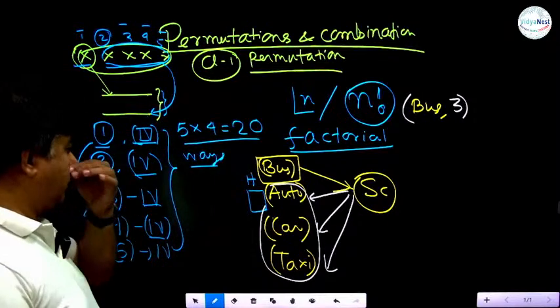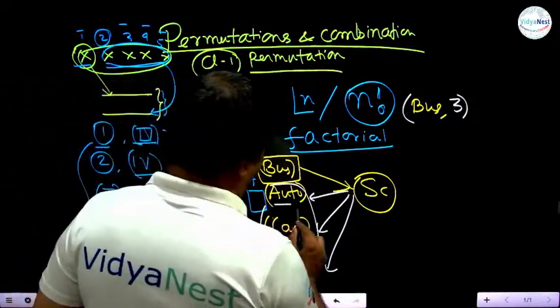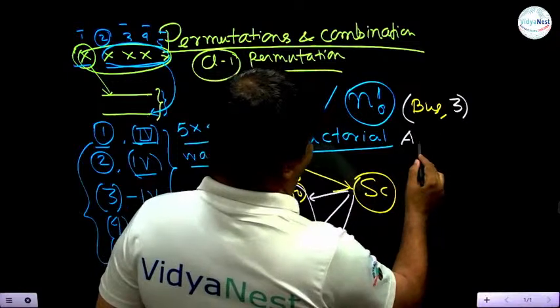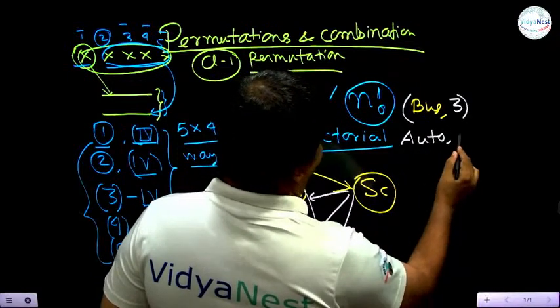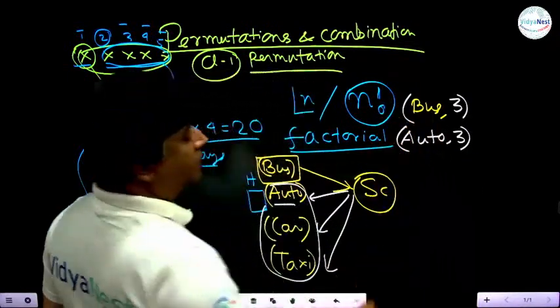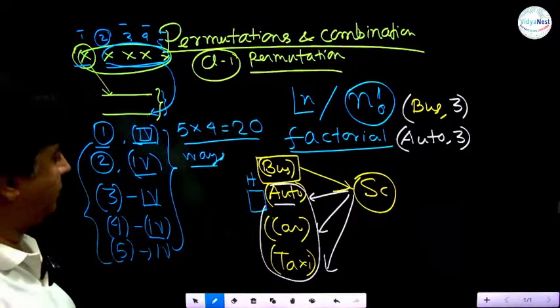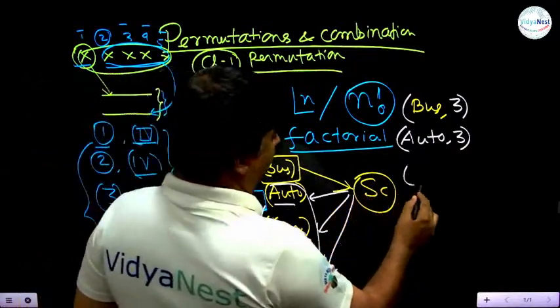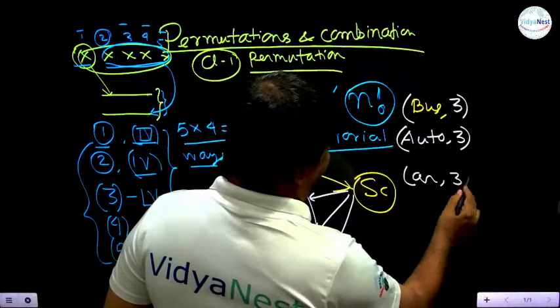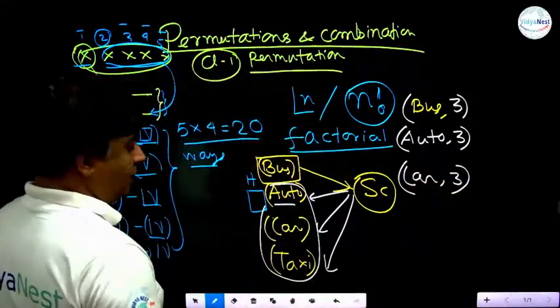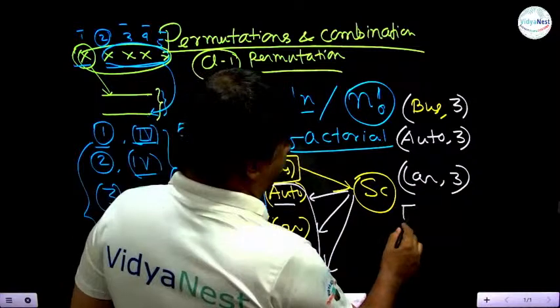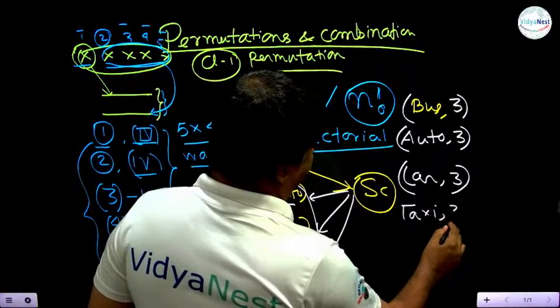Now, in this manner, if you go by auto, then also you will have 3 vehicles to come back. If you go by car, then also 3 vehicles. And if you go by taxi, then also 3 vehicles.